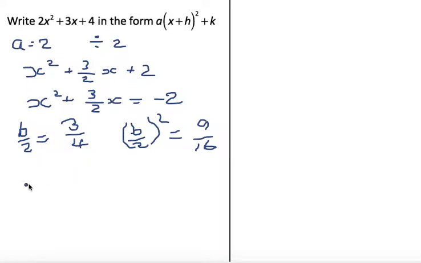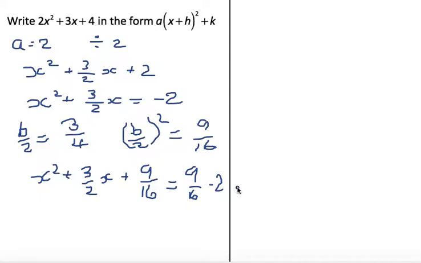Okay, now we're going to add this to both sides. So it's going to be x squared plus 3 over 2 x's, add 9 over 16, and I've got minus 2 there, so it's 9 over 16 minus 2.